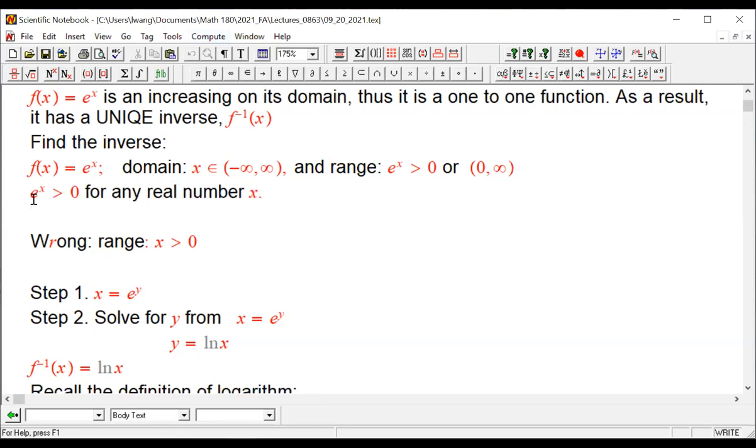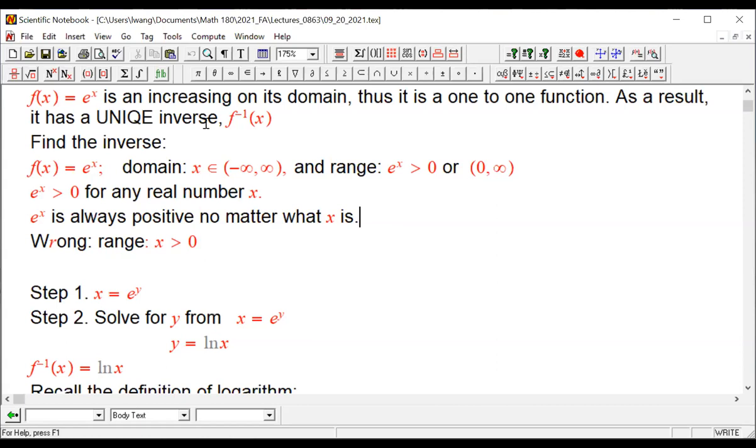Of course, you can say e to the power x is always positive. Can we see that? No matter what x is. We write this down, we use these words, to enhance understanding.